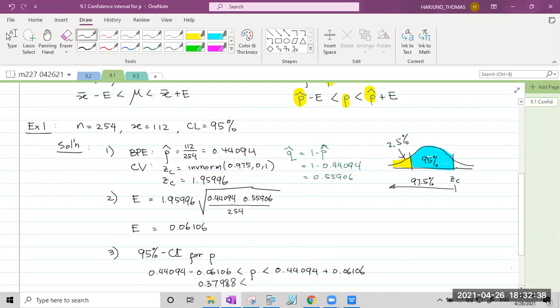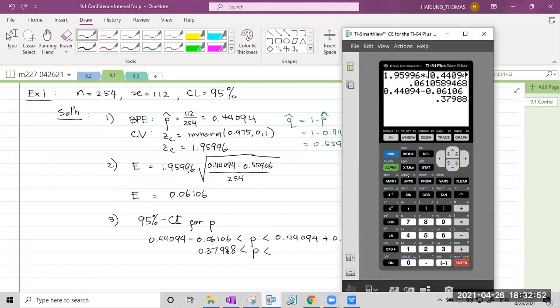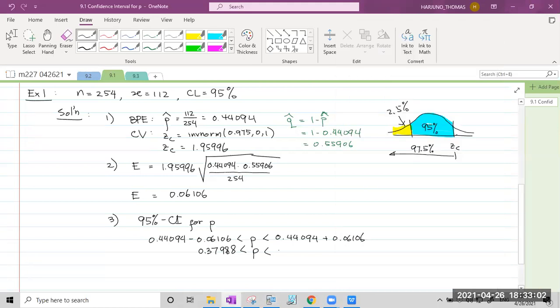So the population proportion will be almost 38% of the population, up to approximately 50% something, 0.50200.